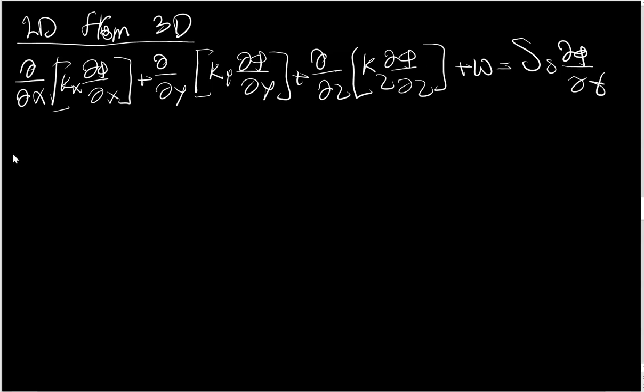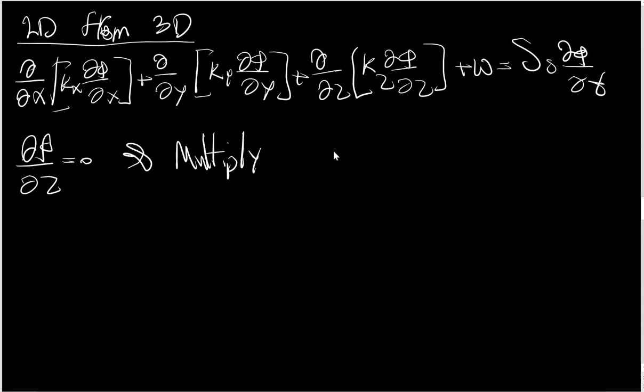So technically, if I assume that partial phi over partial z is 0, and if I multiply everything by b, this will be partial x Tx, right?